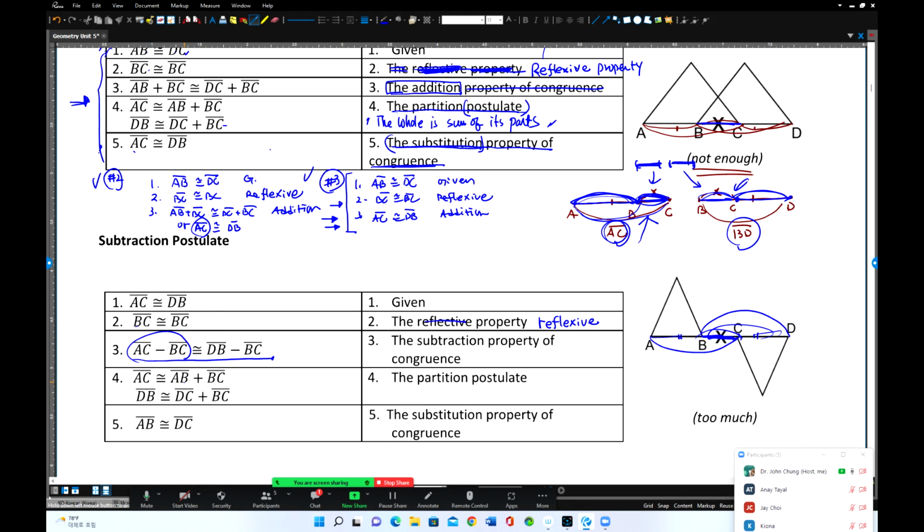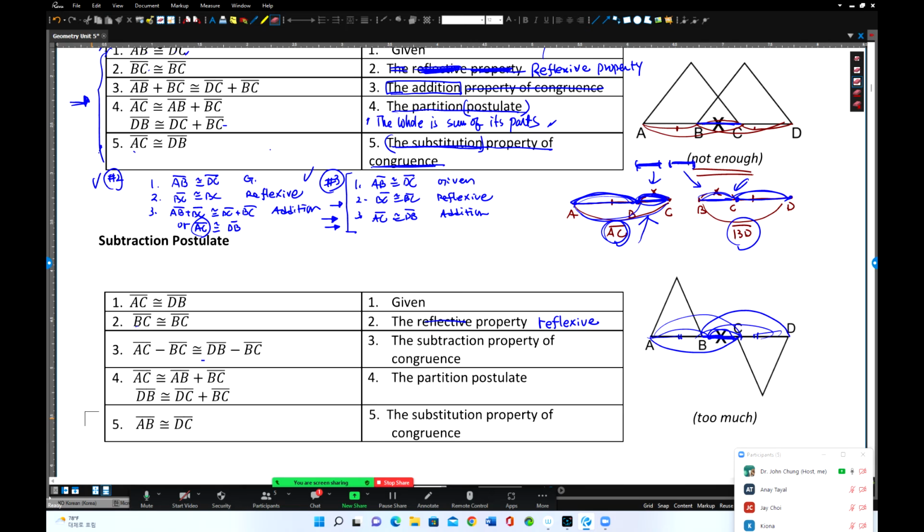AC equals what? AB plus BC, isn't it? DB equals DC plus BC, isn't it? Is it okay?